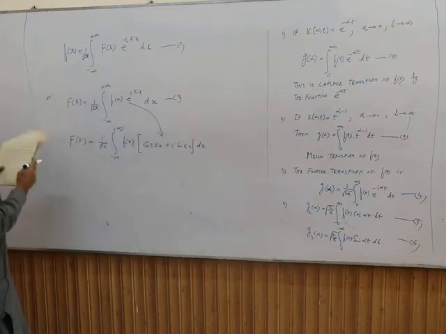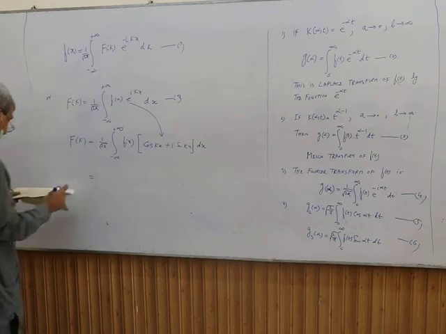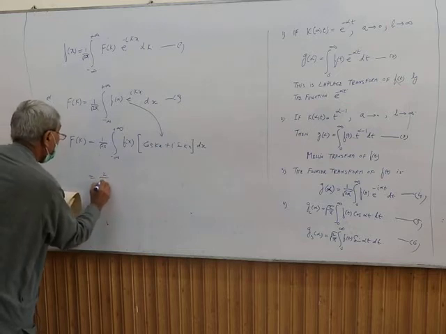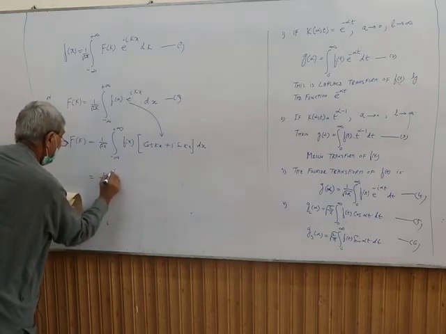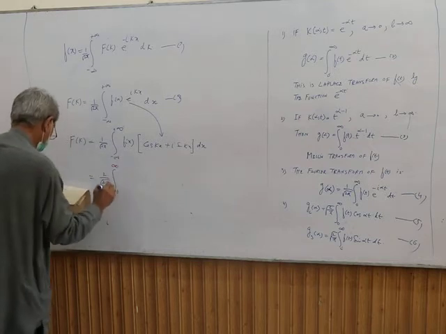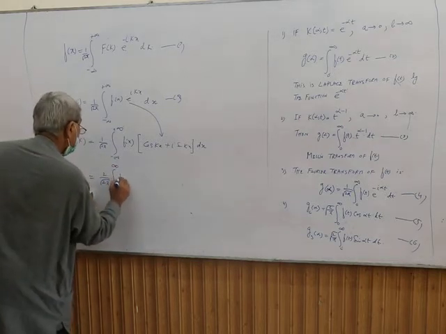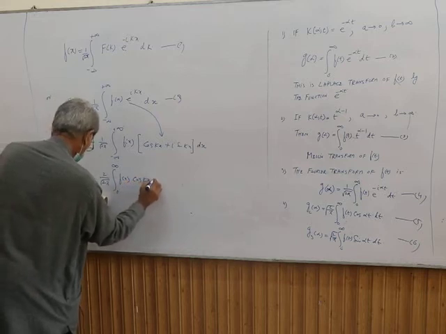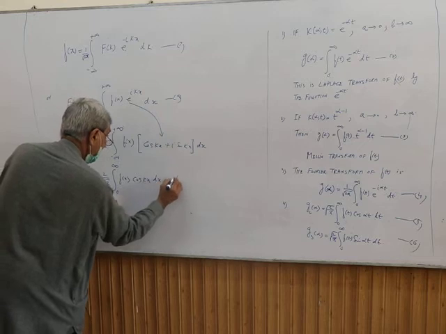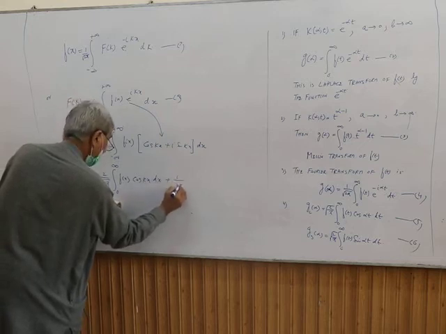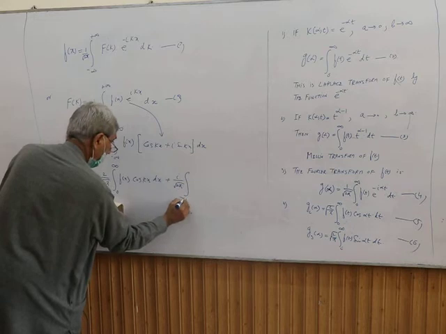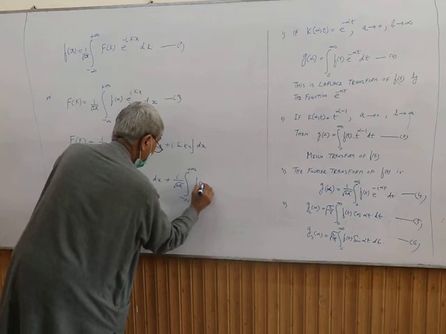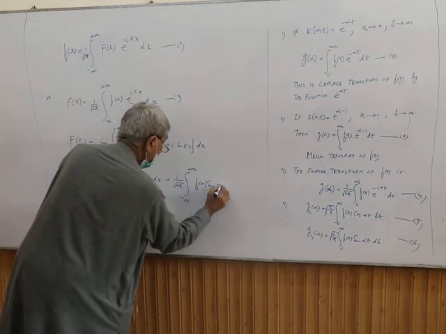So this is equal to 2 over square root of 2 pi, integral from 0 to infinity of f(x) cosine kx dx, plus i over square root of 2 pi, integral from minus infinity to plus infinity of f(x) sine kx dx.